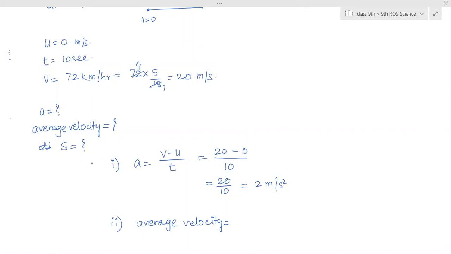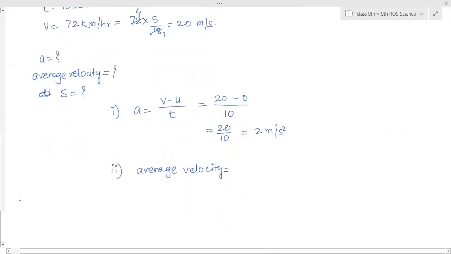Can you check? Yes, ma'am. Ma'am, v square is equal to u square plus 2. No. First, average velocity is equal to total displacement by time. Instead of displacement, one more formula I have given: initial velocity plus final velocity by 2.